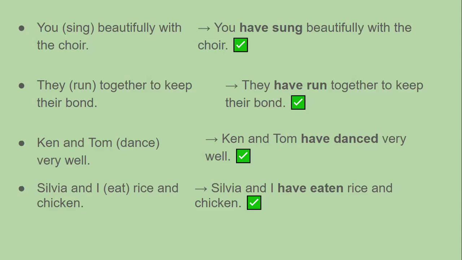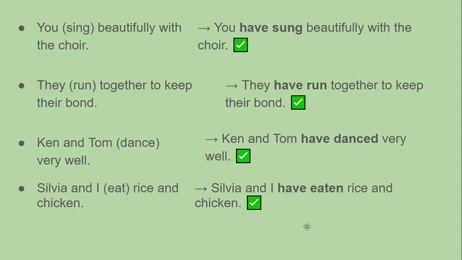After that, we looked at the structure of the present perfect tense verb sentence. We said first we need the subject, after the subject we put have or has depending on the subject, and then we use the past participle form of the verb. After that, we use the object, and after the object, other words.